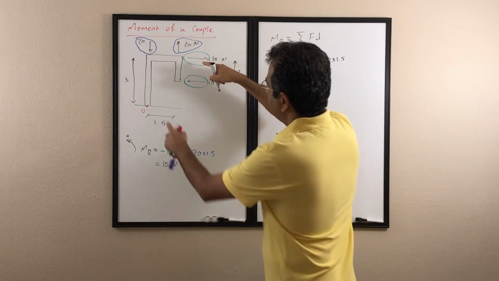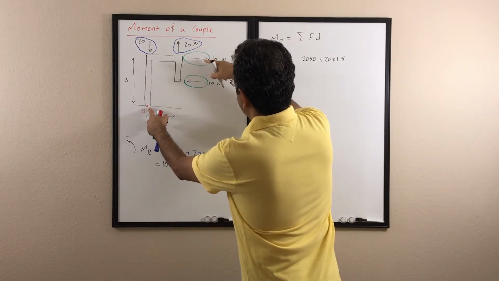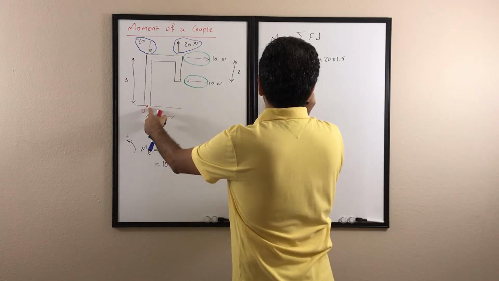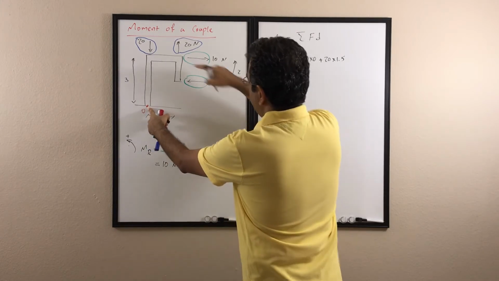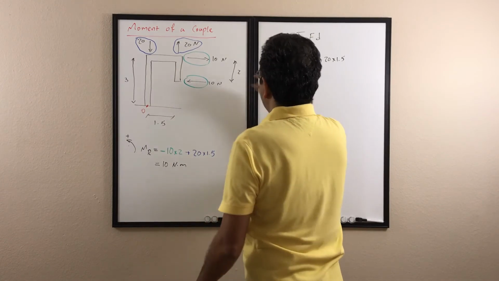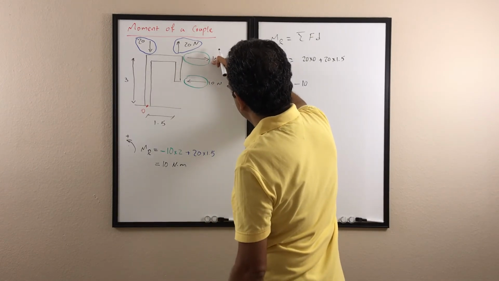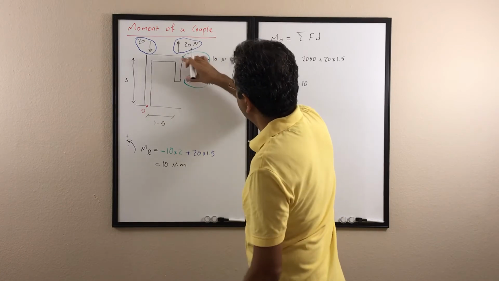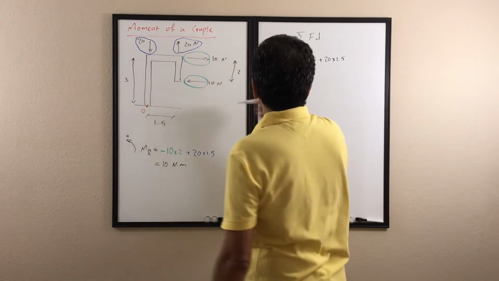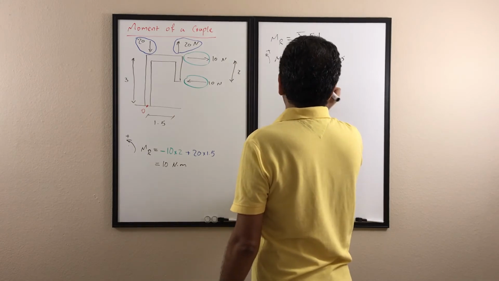If you look at that force with respect to point O, it wants to rotate the object clockwise, so it's going to be negative. It's 10, and the normal distance between the force and point O is 3, so it's times 3.